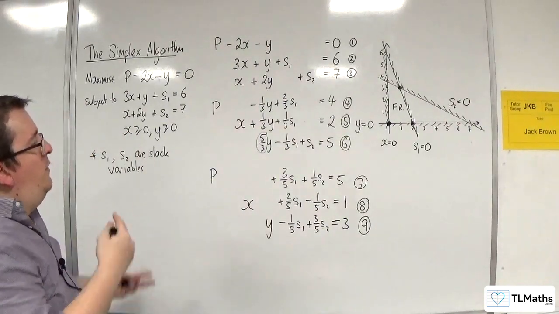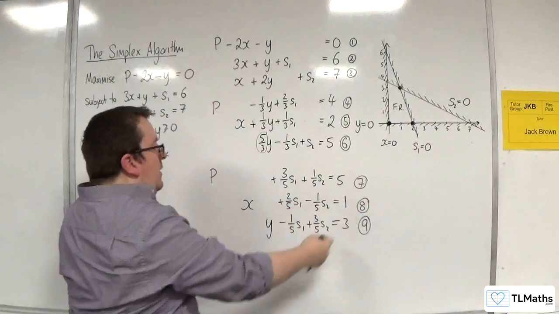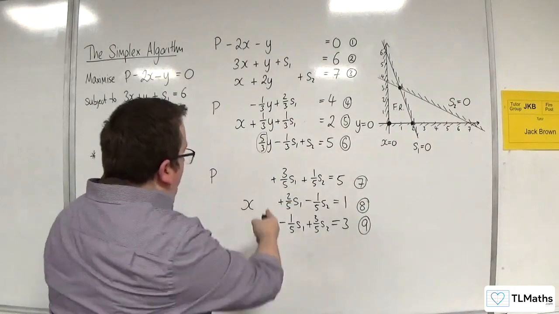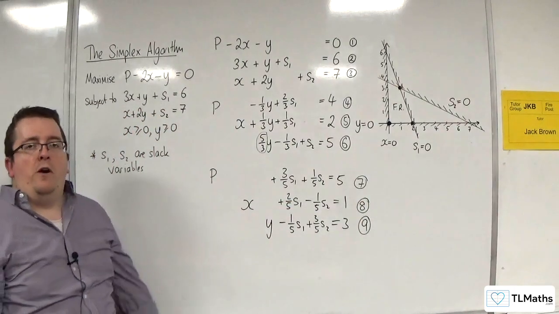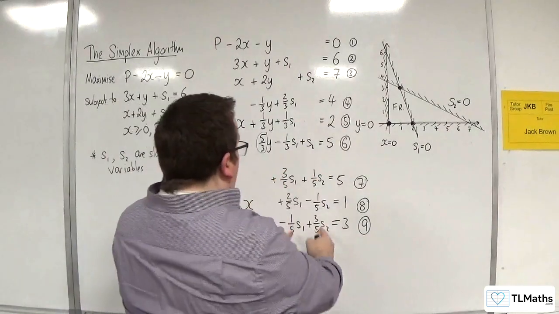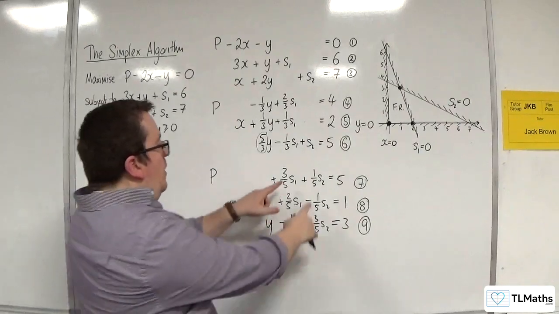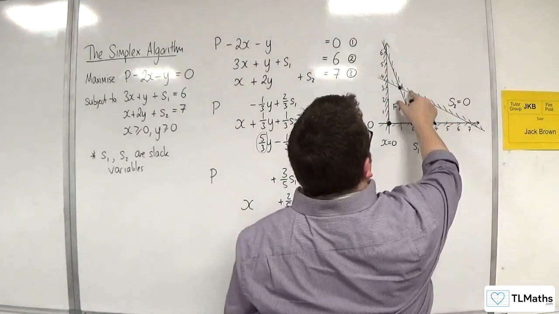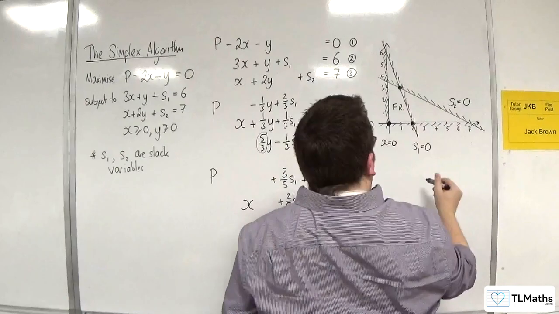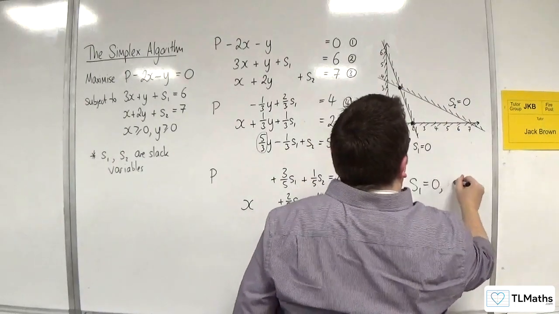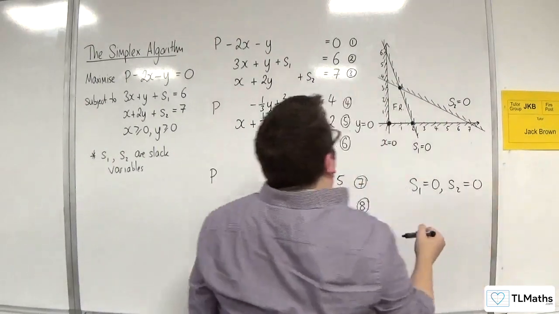You can also see from this that X and Y are basic because X and Y are by themselves, whereas S1 and S2 now have all this other stuff in front of them. So the S1 and S2 are both 0 because that's where those two lines intersect. So I've got S1 is 0 and S2 is 0.